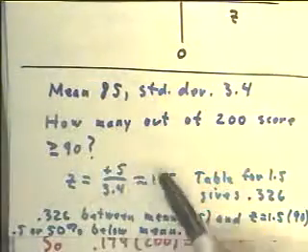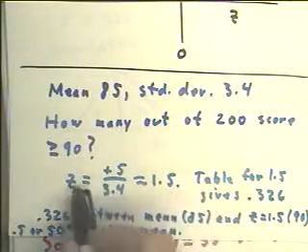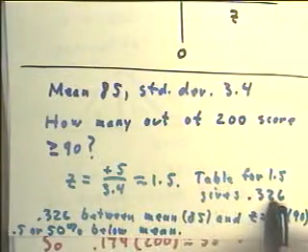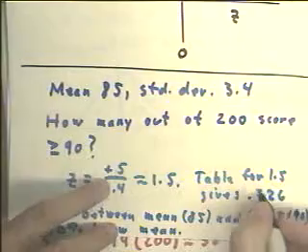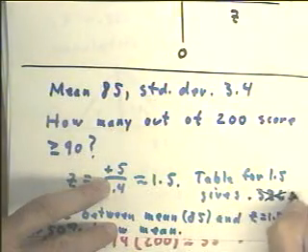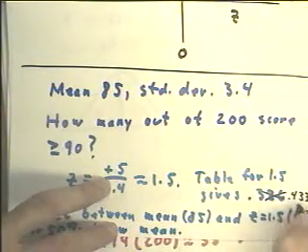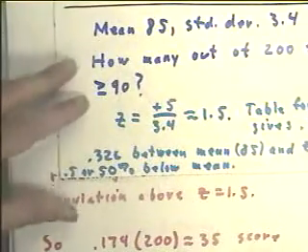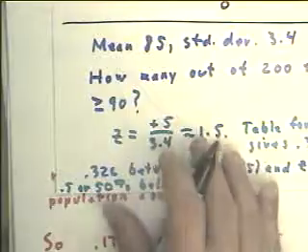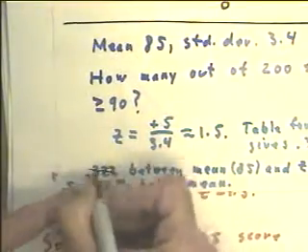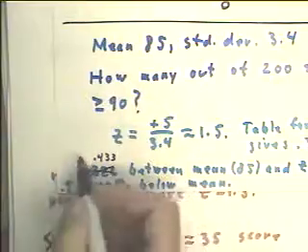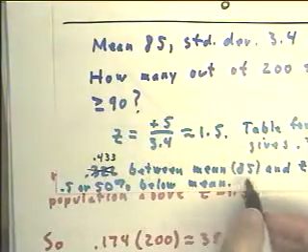If I'd been thinking, I would have known that between 0 and z equals 1 is 34%, and this is only 32%. So that 0.326 is wrong. That should be 0.433. So instead of the 0.326, we're going to say 0.433 of the distribution of the scores are going to lie between 85 and 90.